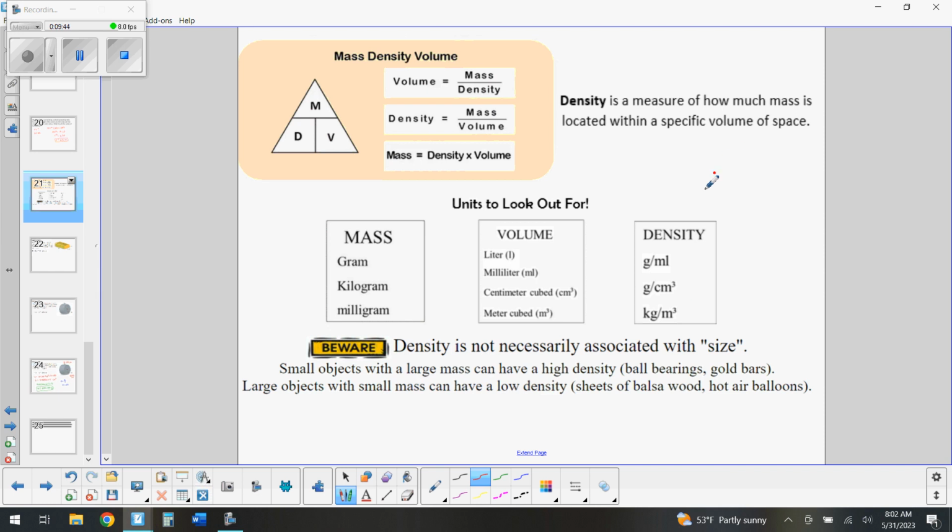If I multiply by V, V times D would equal M, which is what they have here: M equals D times V. And if I wanted V alone, I would divide by D, so V equals M over D, which is what they show us here. But this is generally the one I'm going to start with.